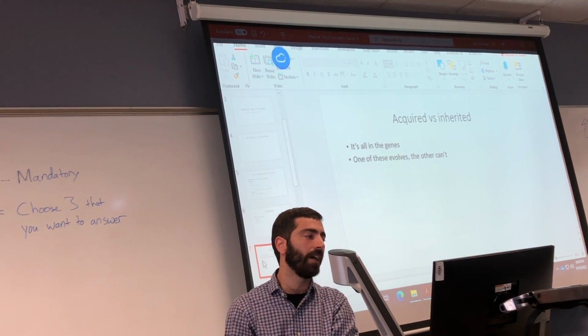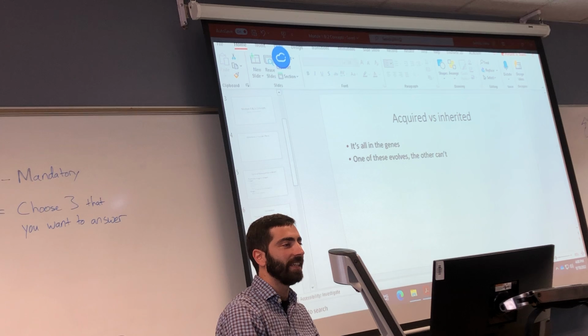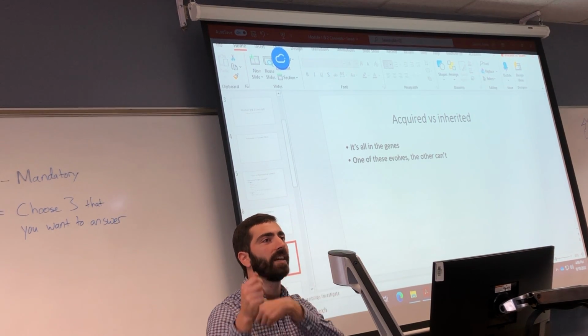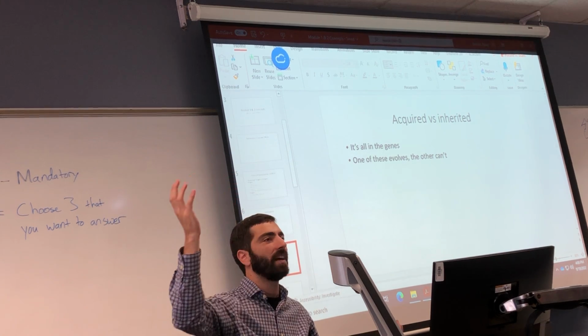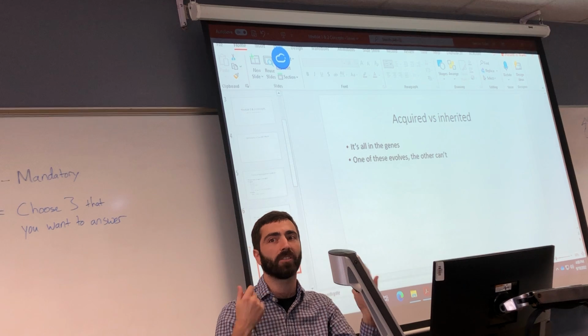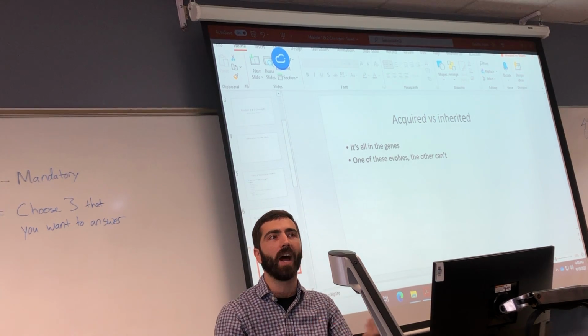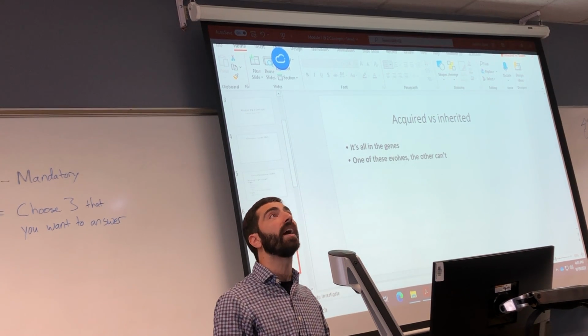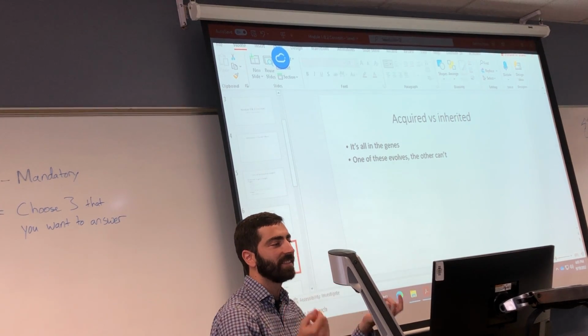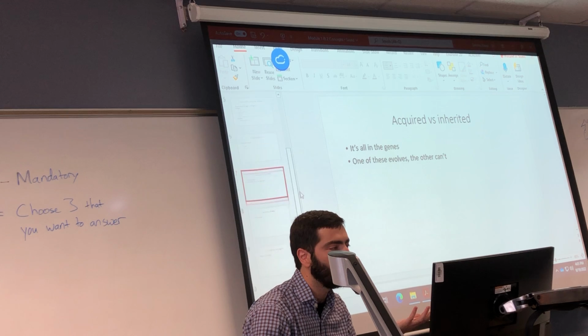So there was this idea of the giraffes stretching their necks over generations and generations, and eventually giraffes just got bigger necks. But this description was about acquiring a trait: they spend their whole lives sticking their necks up and their necks just get gradually longer. We now know this is not the case, right?